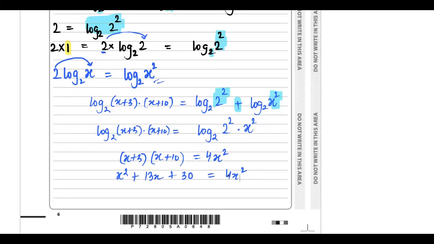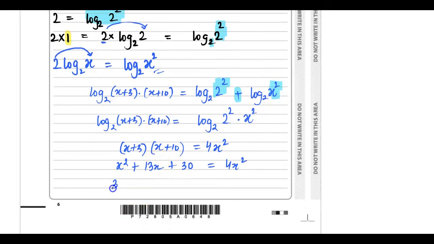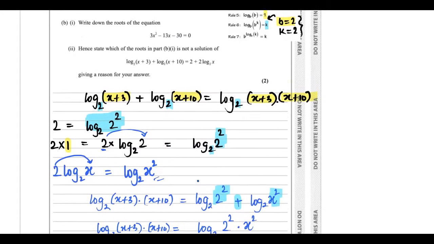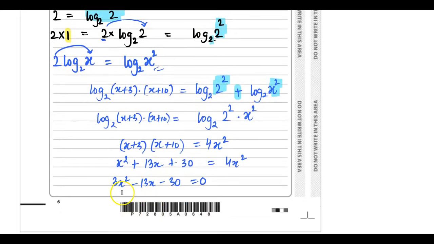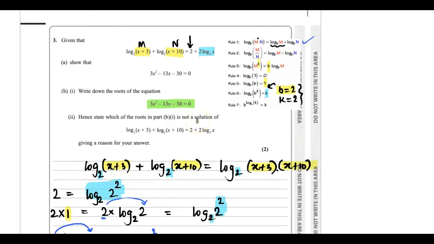So overall the equation becomes 3x squared minus 13x minus 30 equals 0. Let's see if we are getting, yeah, we've got it correct. So this is what we were expected to do. 3x squared minus 13x minus 30 equals 0. Correct? Okay, so we got our marks, I think it was for 3 marks.